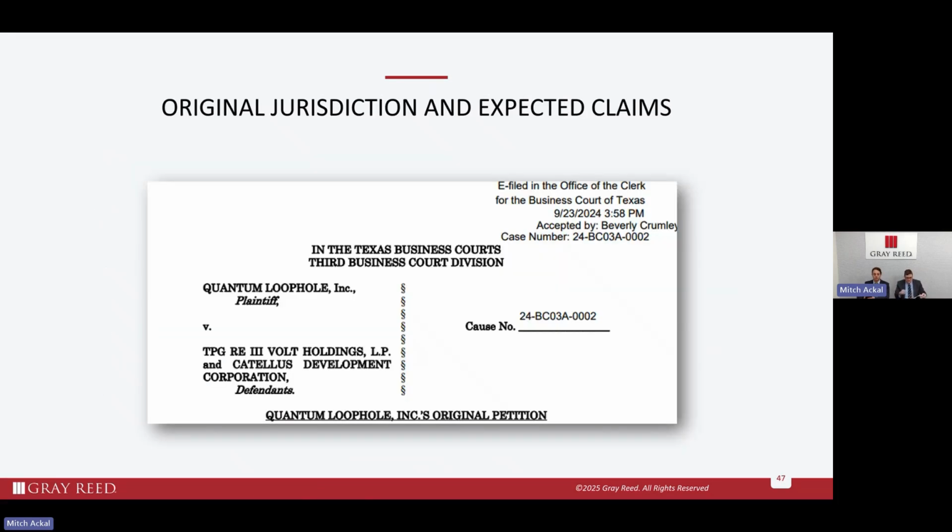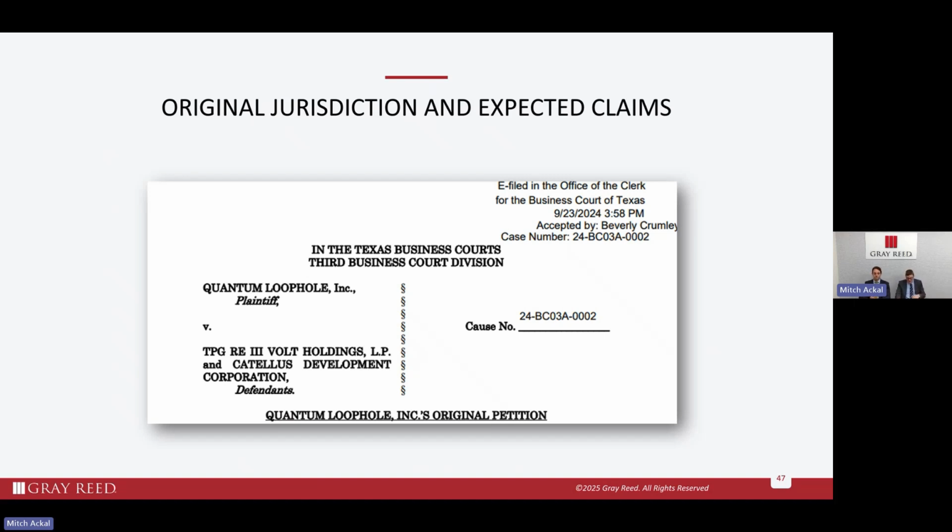I want to talk about a few specific examples. This is a case where, frankly, I pulled it because it's an original jurisdiction claim, and it's really, I think, what everybody expected would be a stereotypical business court claim. This was a case that arose out of a joint venture between companies to build a large data center.